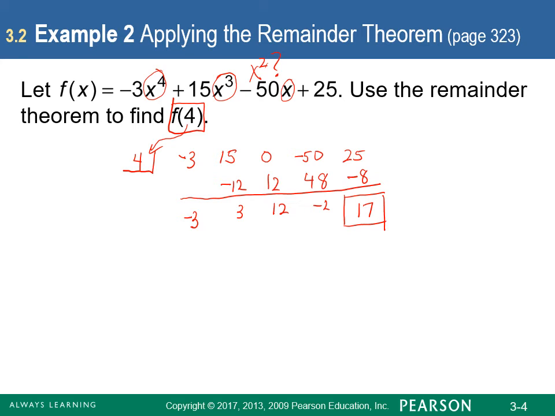So there's our answer. Now I will give you a little heads up. Doing synthetic division just to evaluate a function is not a very good use of synthetic division. If I needed to evaluate this function for x equals 4, I would type that into my calculator.